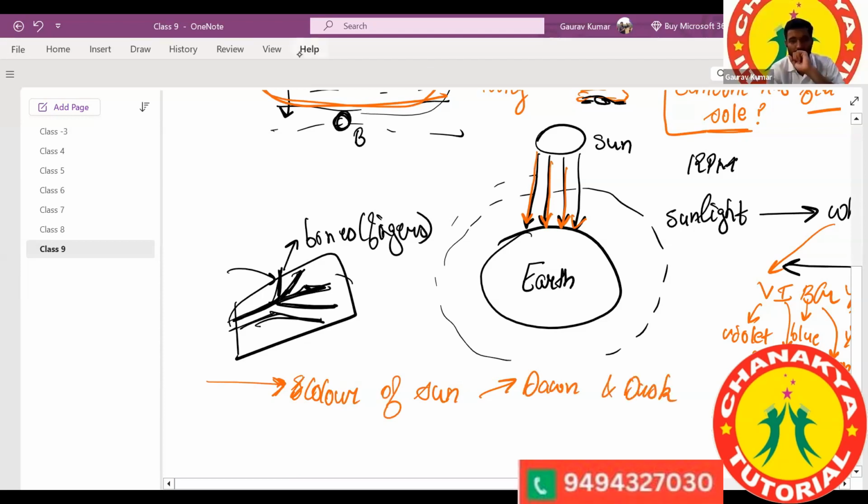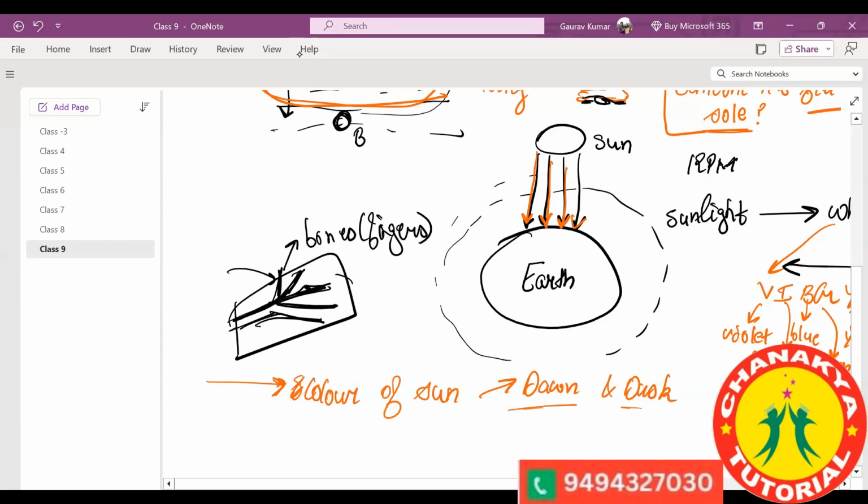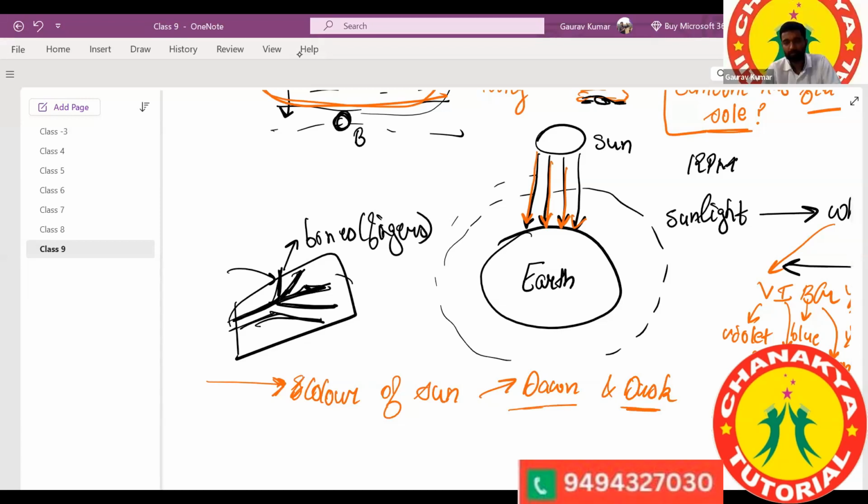Dawn means morning, and dusk means, I think dusk means sunrise. Yes, dawn means sunrise, dusk means sunset. So we will discuss this in next class, and after this we will come to our topic.